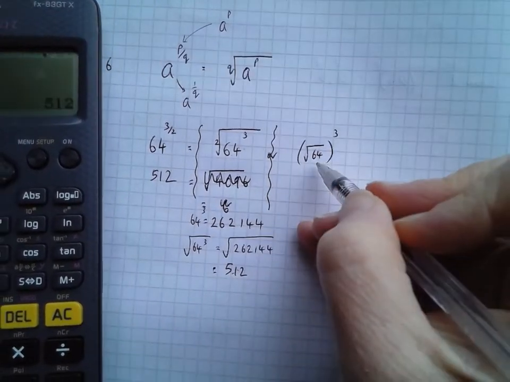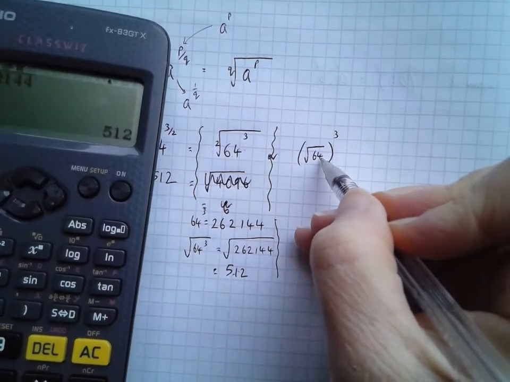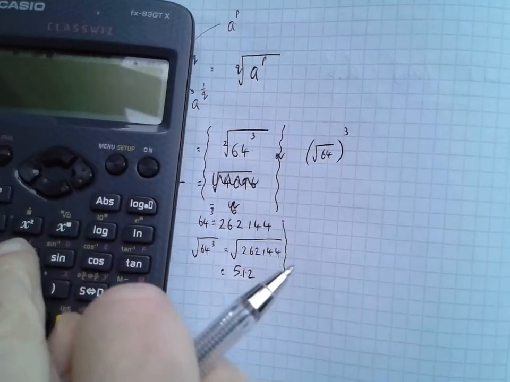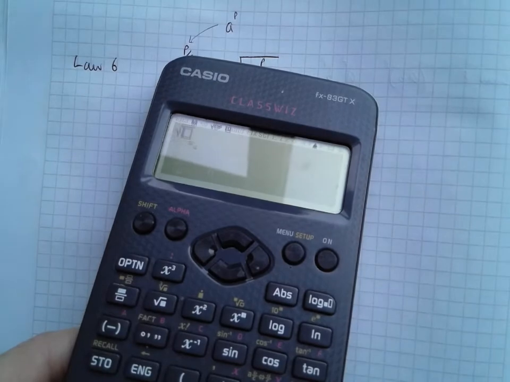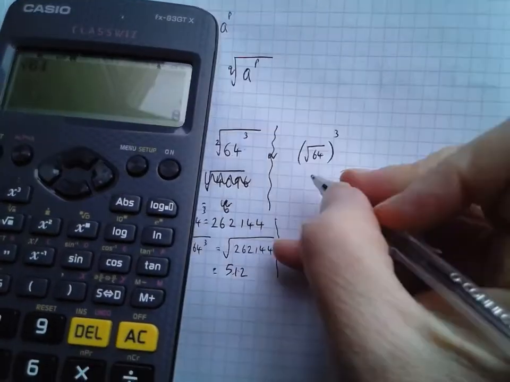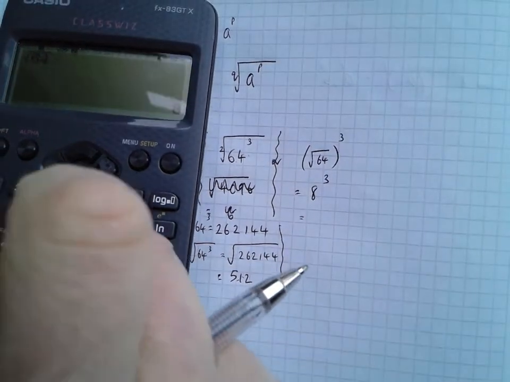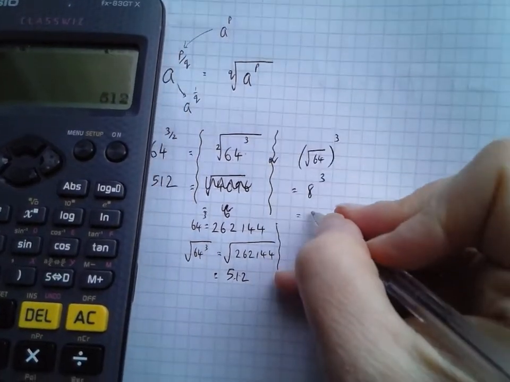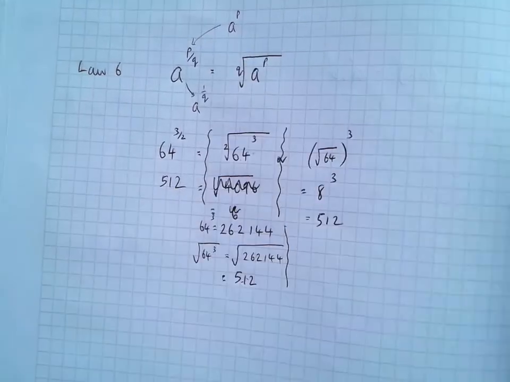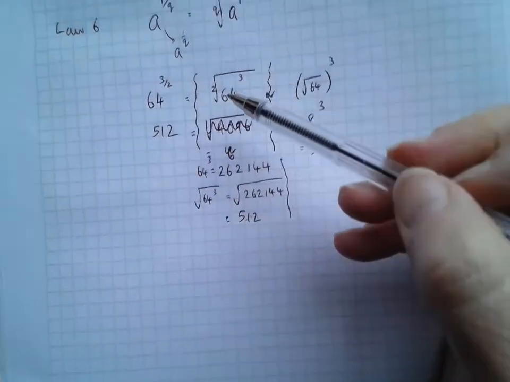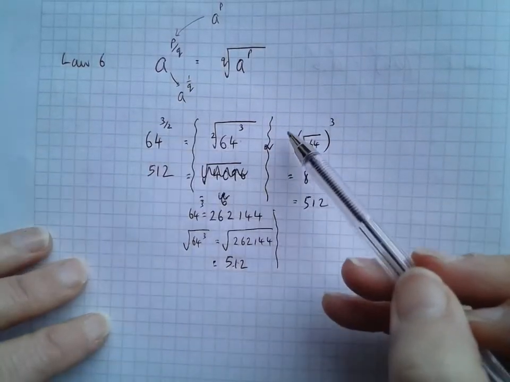Or how about this version? Find the square root of 64, which is 8, and cube it. 8 cubed is 512. So each of those ways of unpacking this is the same answer.